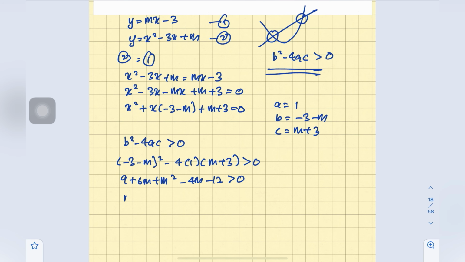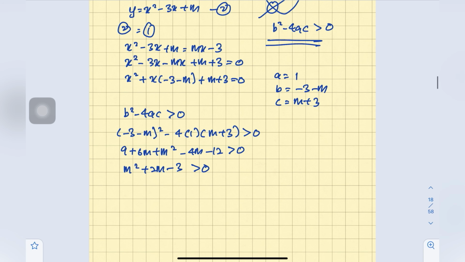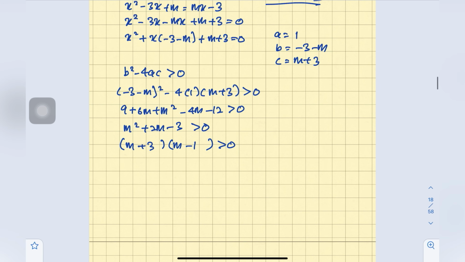So m squared plus 2m minus 3 more than 0. So we factorize: (m plus 3)(m minus 1). Then we find the range.